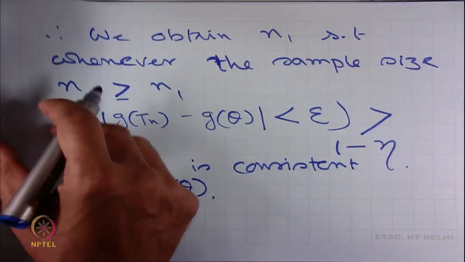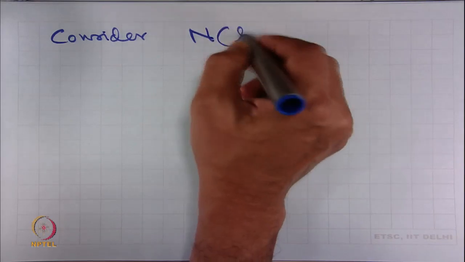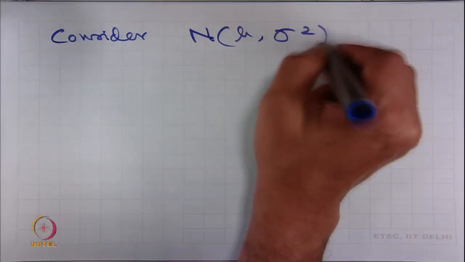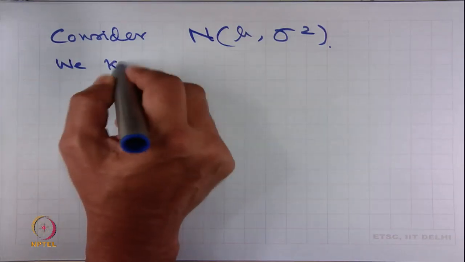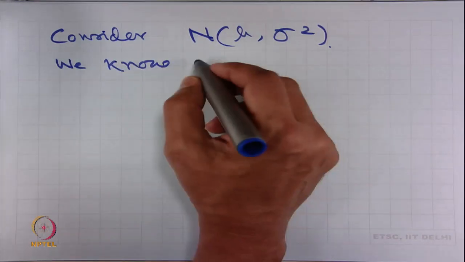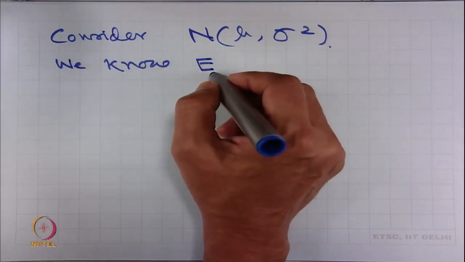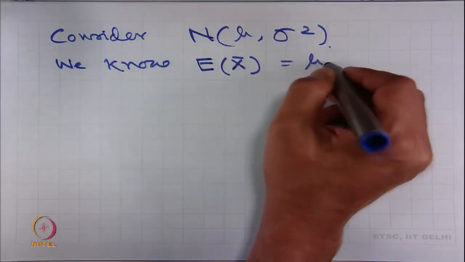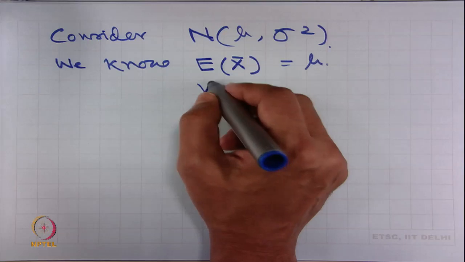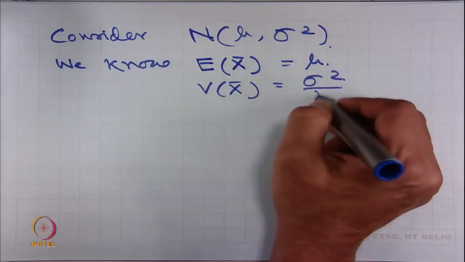What is the advantage? Consider normal mu, sigma square. We know that the expected value of x bar is equal to mu, and the variance of x bar is equal to sigma square by n.